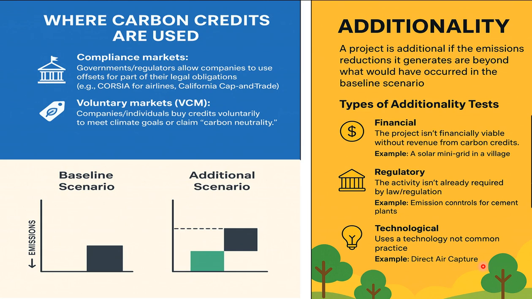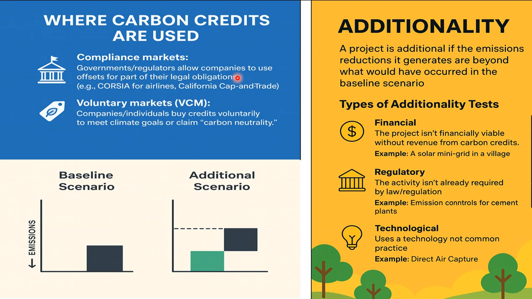Now, carbon credits are used in two types of markets. First is the compliance market, where government is involved. Government regulators allow companies to use offsets as part of the legal obligation. For example, we have EU ETS, and in India, we have CCTS.